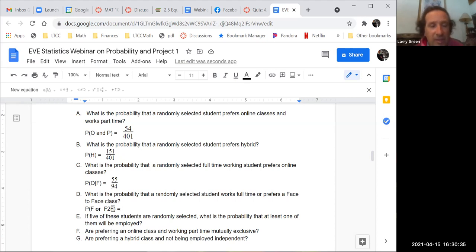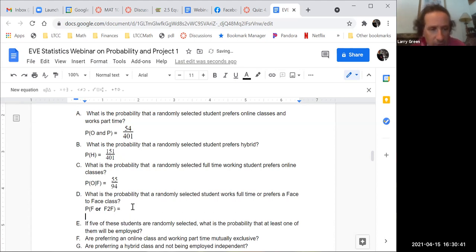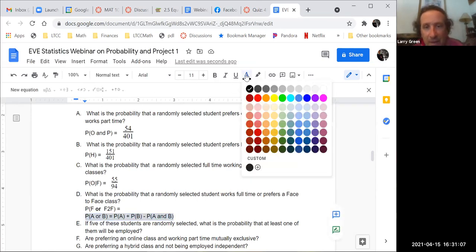Okay, now comes a very important formula, and that is the following. And I'm going to put it below, and that is the probability in general, A or B is equal to the probability of A plus the probability of B minus the probability of A and B. So this is a key formula. I'm going to put that in red because it's so important. Happens a lot.